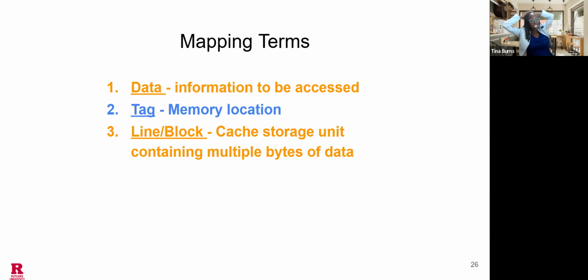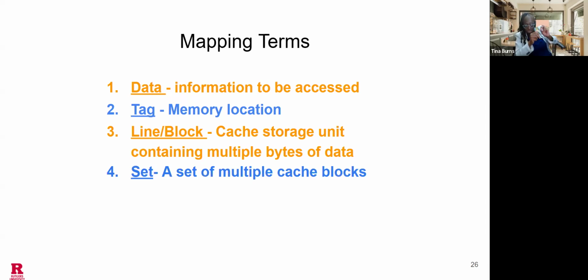In the example that we did last time, we said typically when we look at something, for example in a memory or a data type, we put those in 4 block increments, right? So that line or block will be that collection of bytes that we use to represent a block of information.